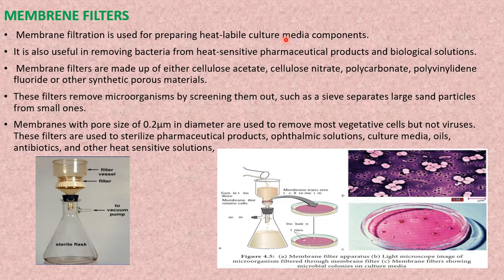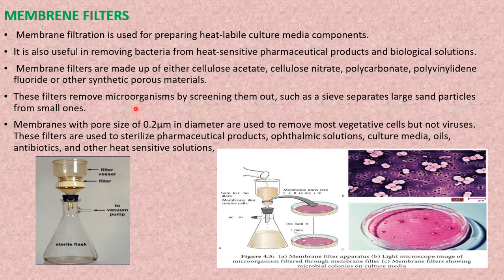Obviously culture media components that are heat labile can be sterilized by using these membrane filters. These membrane filters are mainly composed of polymers with tensile strength such as cellulose acetate, cellulose nitrate, polycarbonate, polyvinylidene fluoride, or other synthetic porous materials.